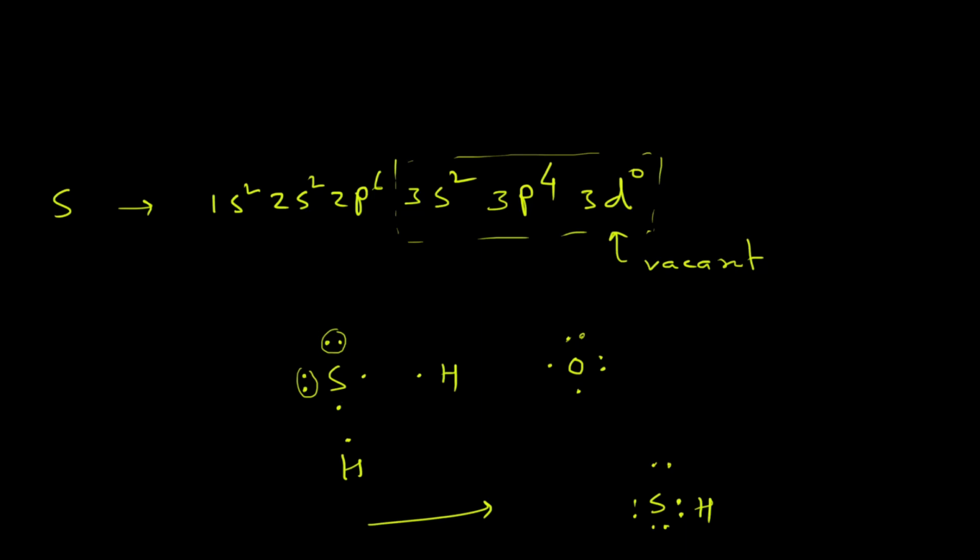And if all the electrons are unpaired, that is 6 unpaired electrons will be available in that configuration, and thereby sulfur can make 6 covalent bonds in that particular excited electronic configuration.